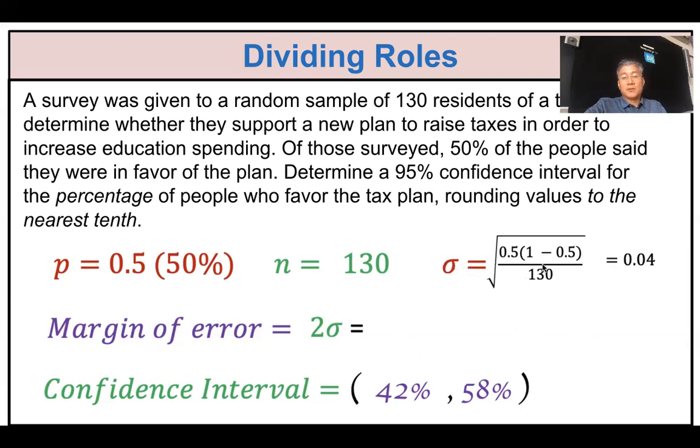If you get the standard deviation 0.04, then 2 standard deviations is 0.08, right? 4% will be 8%. Then what is the confidence interval? How do you get it? 50% minus 8% is 42%, and 50% plus 8%. That is the confidence interval.